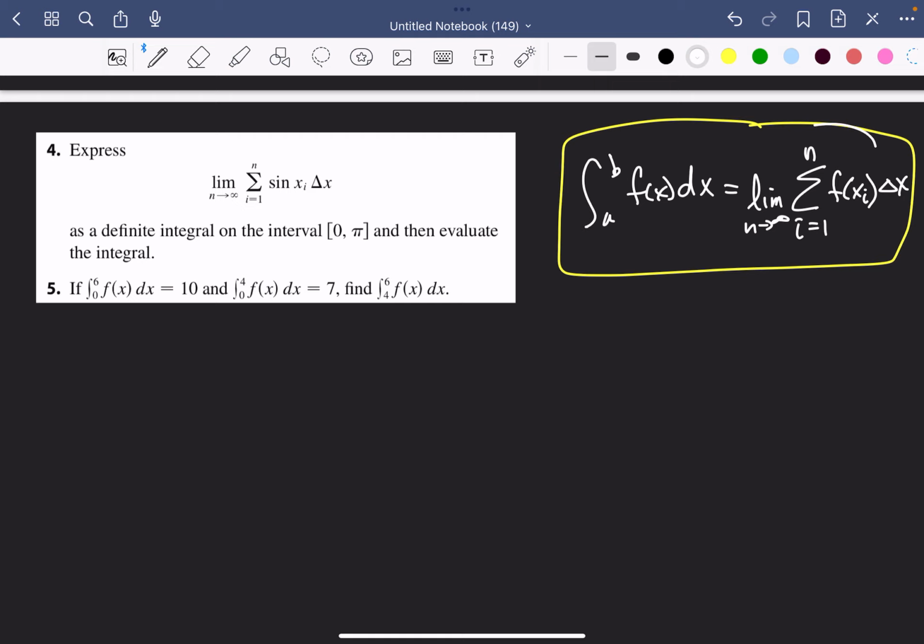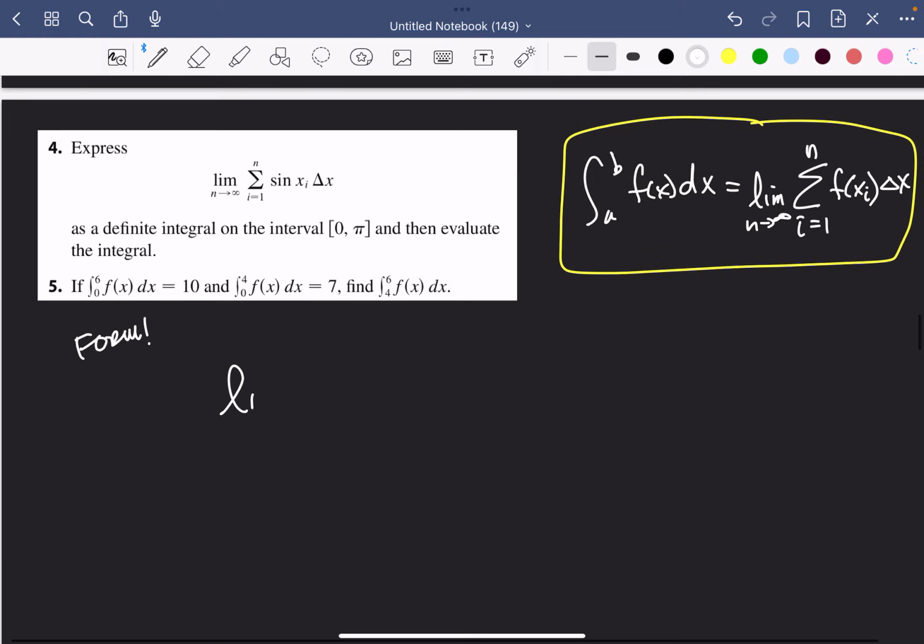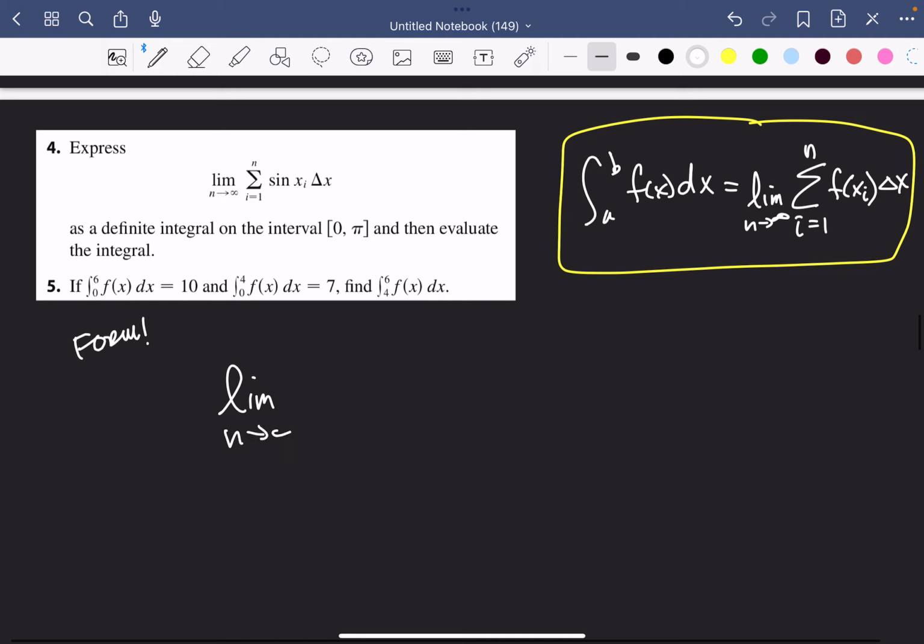So I need to look at something like this and turn it into something like this. We are changing the form. So in number 4, if you have the limit as n goes to infinity, we know that that's automatically going to be an integral.